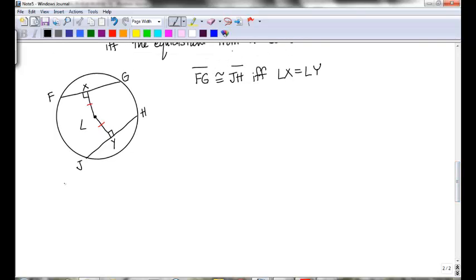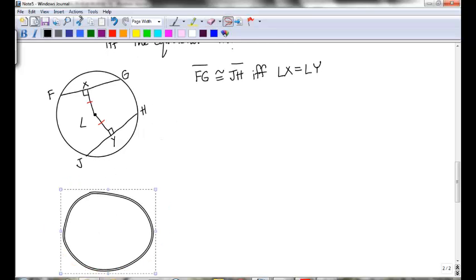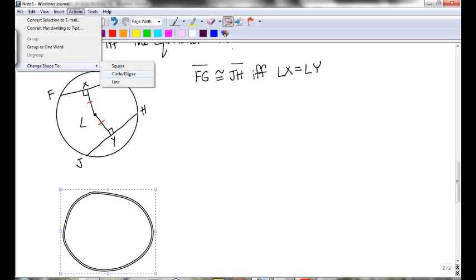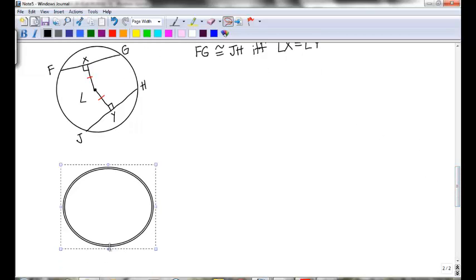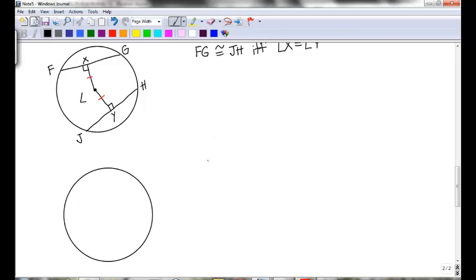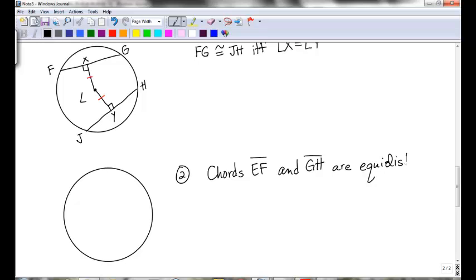Draw another circle. Example 2, chords EF and GH are equidistant from the center.